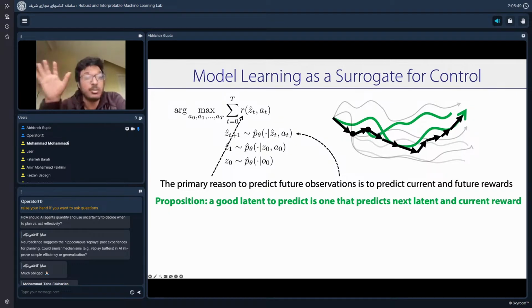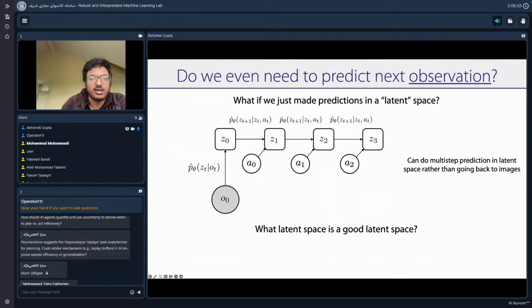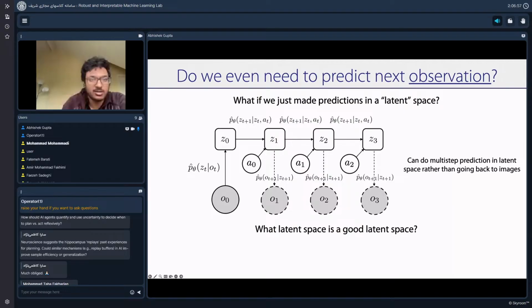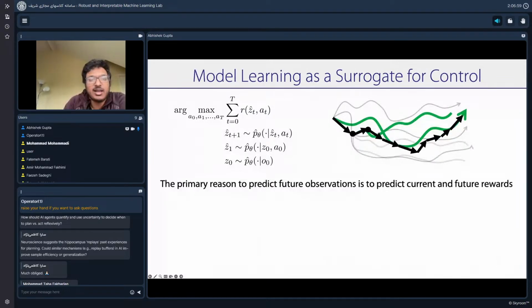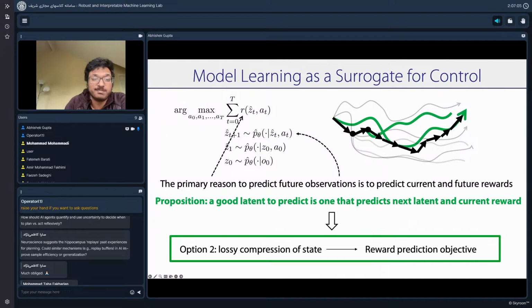So the proposition we made is that you want to ground a latent space for control, right? Reconstruction can struggle to capture what matters. So what if you instead have latents that are predictive of current and future rewards, right? What that says is that rather than having a lossless compression of state, which just says let's reconstruct the observations, let's have a lossy compression of state.